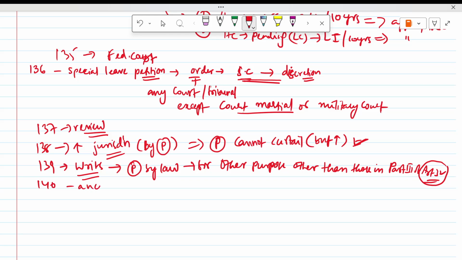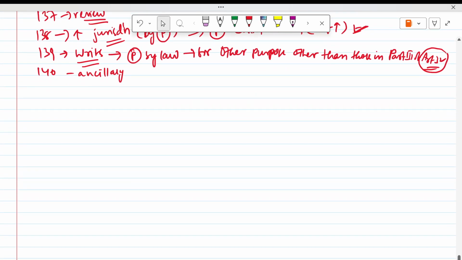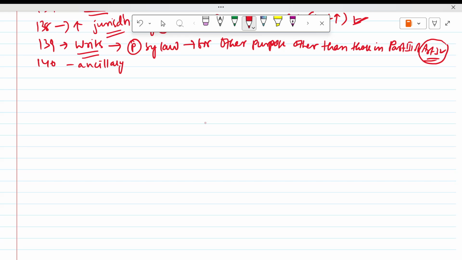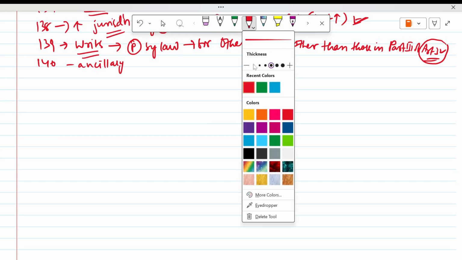140, ancillary powers. Ancillary means in exercise of jurisdiction of the Supreme Court, if any other powers are available adjacent to that or related to this, then the Supreme Court can have those powers. That is 140, ancillary powers.